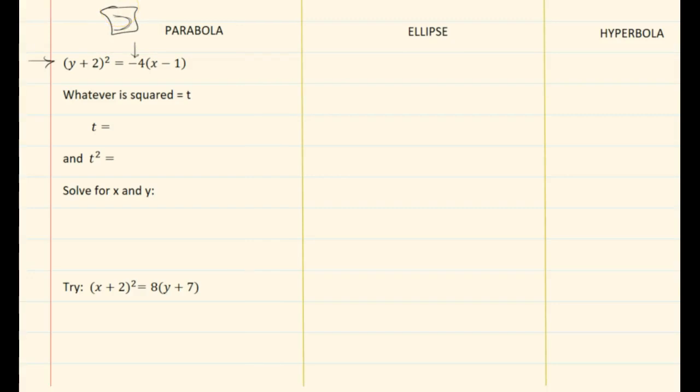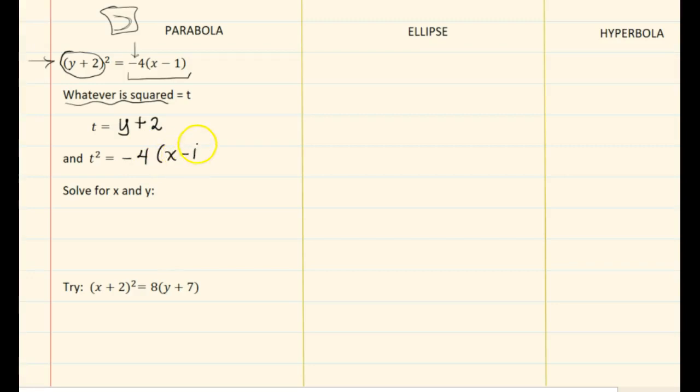So in order to put this into parametric form, what we're going to do is get whatever is squared and call that t. So notice that the y plus 2 is squared, so t is equal to y plus 2. And what's on the other side is what we're going to make t squared equal to. So t squared is negative 4x minus 1.